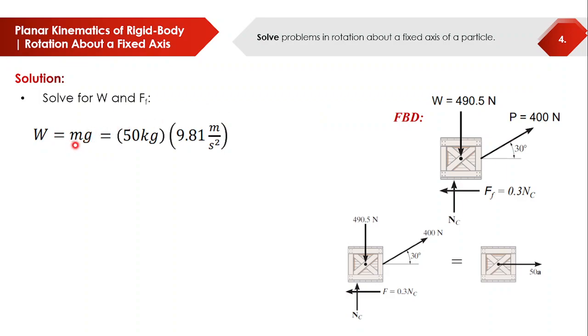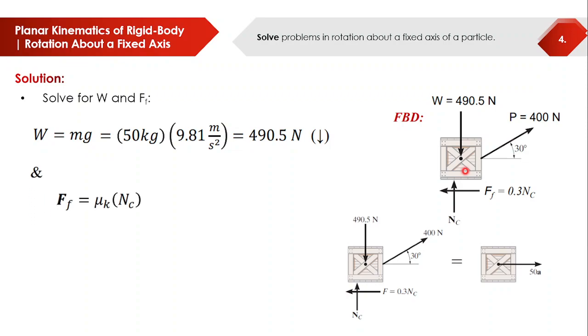So the given mass is 50 kilograms, so we just have to multiply that by the acceleration due to gravity, which is 9.81. So that will be 50 times 9.81, that will be equal to 490.5 Newton downward. Okay, so weight is equal to 490.5 downward.